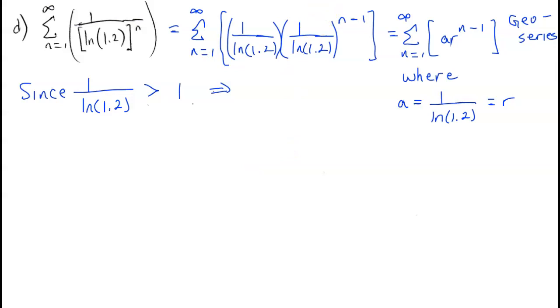Because of the fact that R here is not going to be in the interval from -1 to 1. So this means that this geometric series diverges. And so the series that we're dealing with here just ends up diverging because of that.